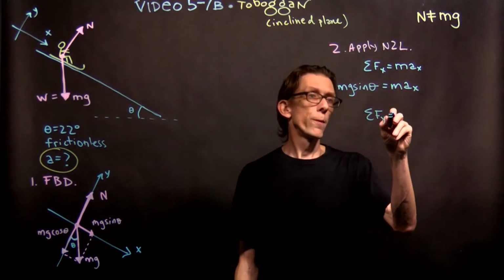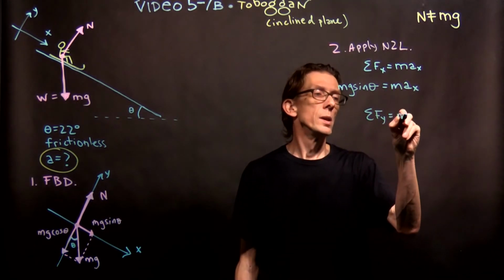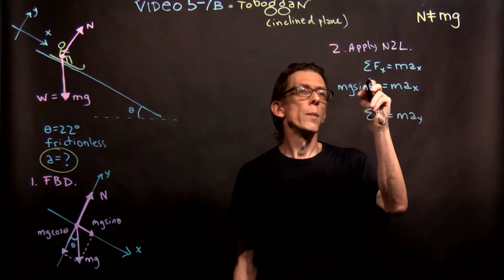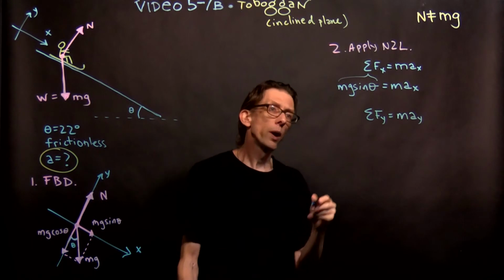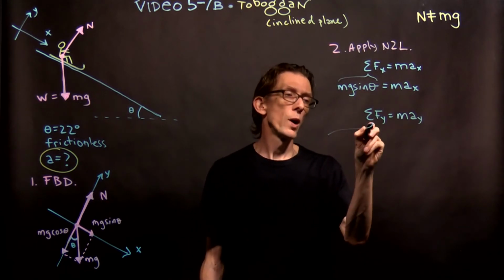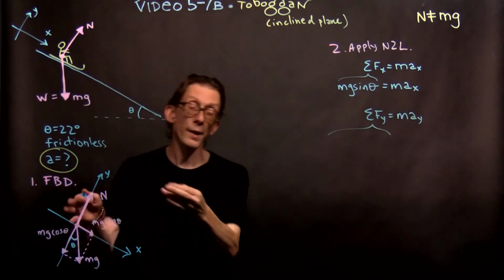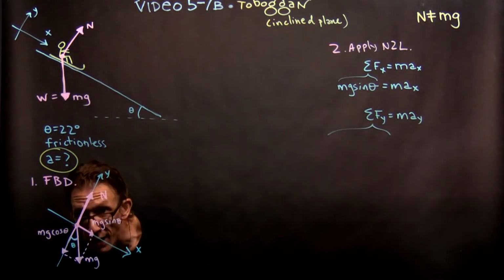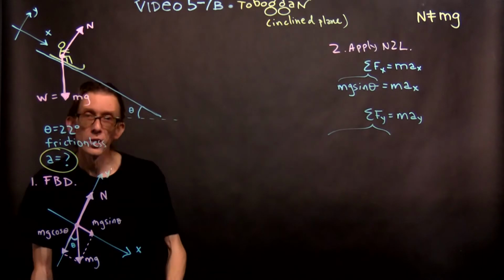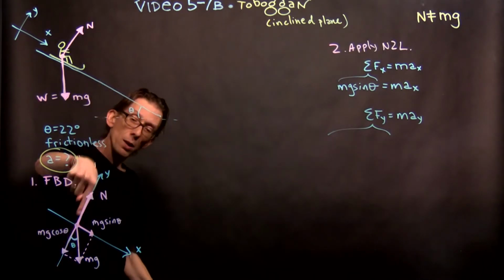We know that the sum of the forces in the y direction is m a y. What is the sum of the forces in the y direction? Well, how many do we have? Let's look at our free body diagram. It will tell us. We've got two forces in the y direction, one up, one down.